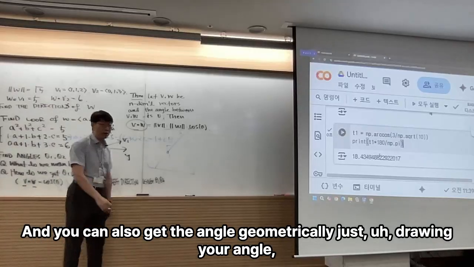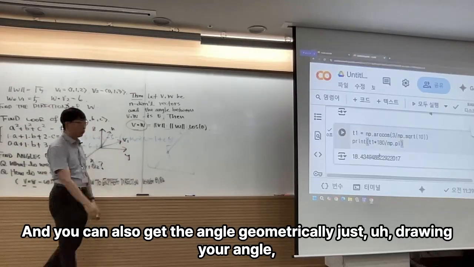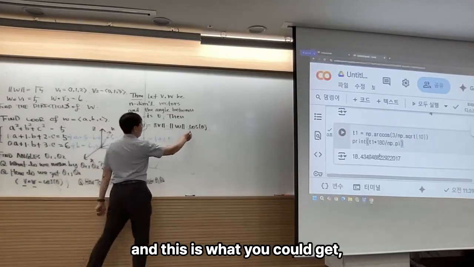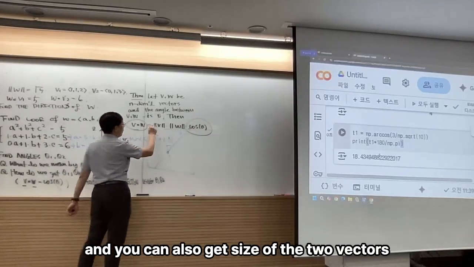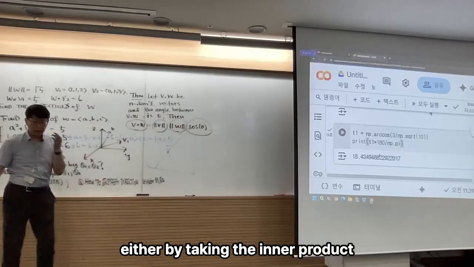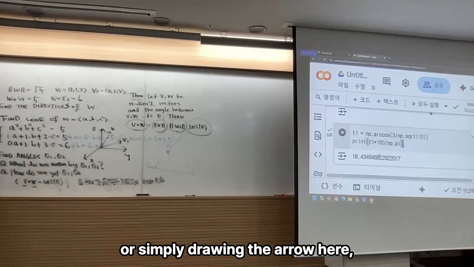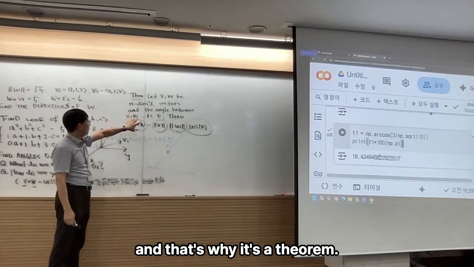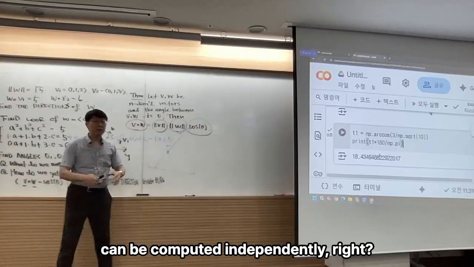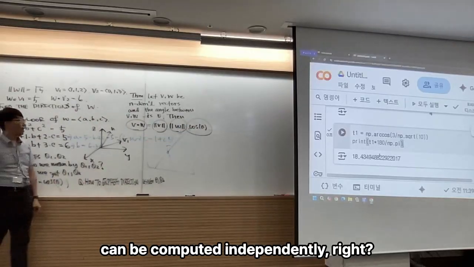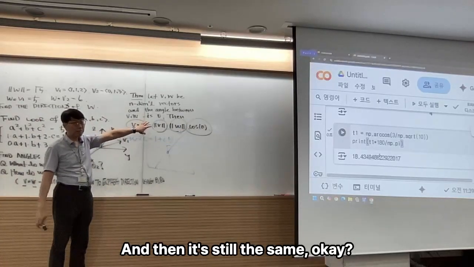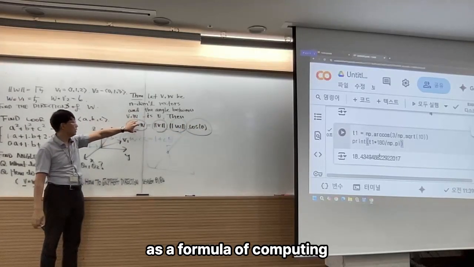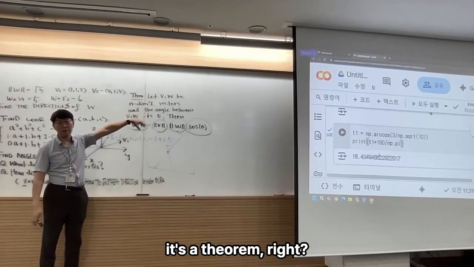And you can also get the angle geometrically just by drawing your vectors as arrows. And you can also get the size of the two vectors either by taking the inner product by itself or simply drawing the arrow here. And that's why it's a theorem. The left-hand side and right-hand side can be computed independently, right? And then it's still the same, okay? So you can use this right-hand side as a formula for computing the inner product, but that's not the definition. It's a theorem, right?